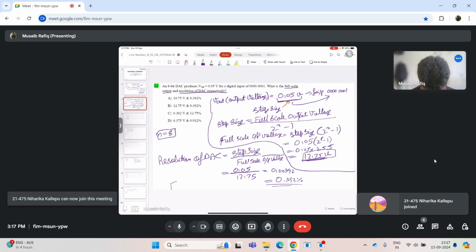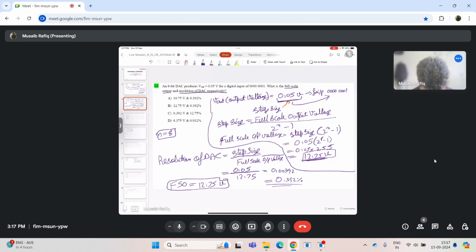So my FSO is equal to 12.75 volts, never forget the units, and my resolution is 0.392%. If I carefully look at this, this is option B. That is my correct answer.